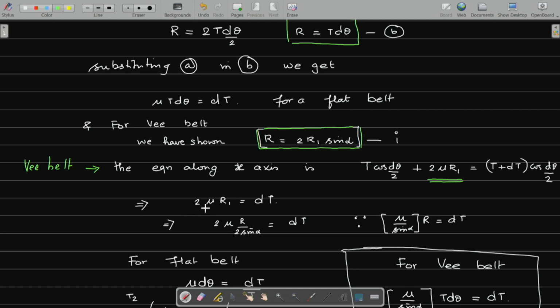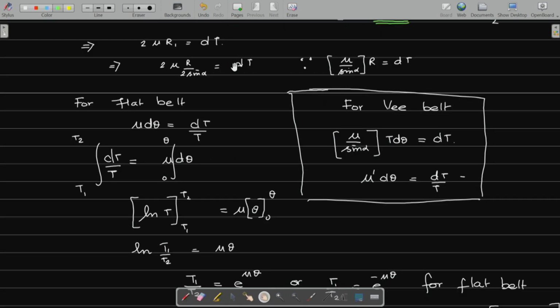Simplifying that, I will get 2 mu R1 as dT, and substituting the value of R1, you get mu by sin alpha into R is equal to dT. I will call this mu by sin alpha as mu effective or mu dashed. The equations of your flat pulley and the V belt look alike.